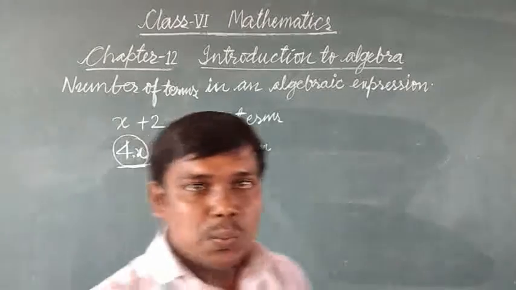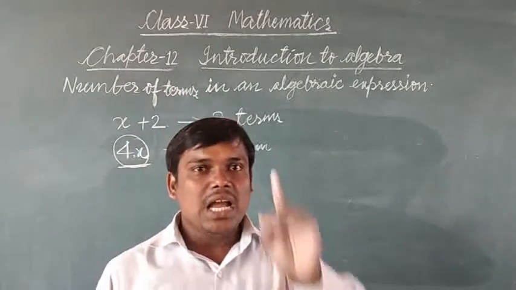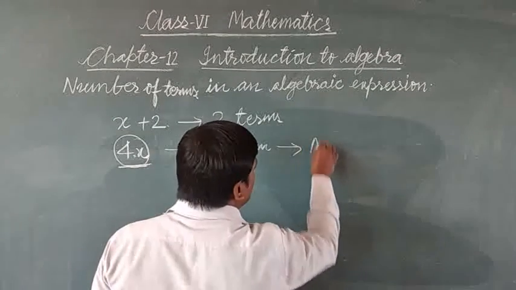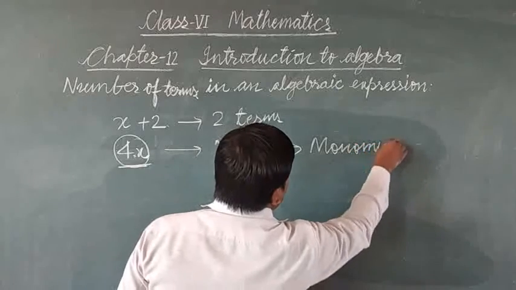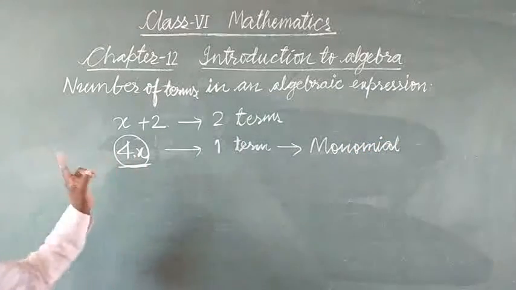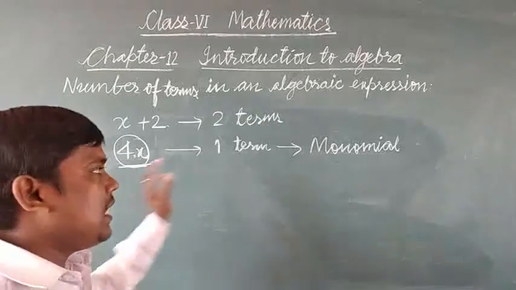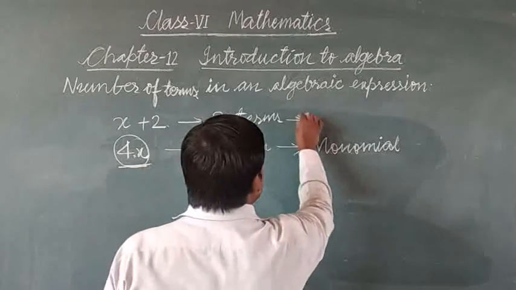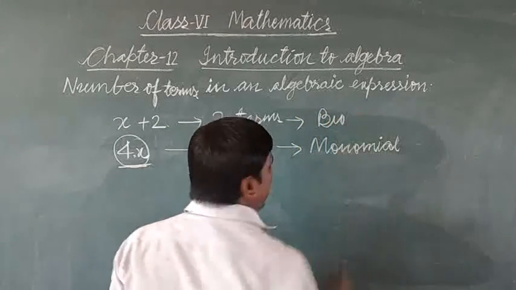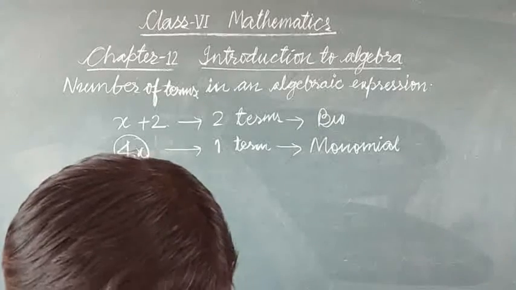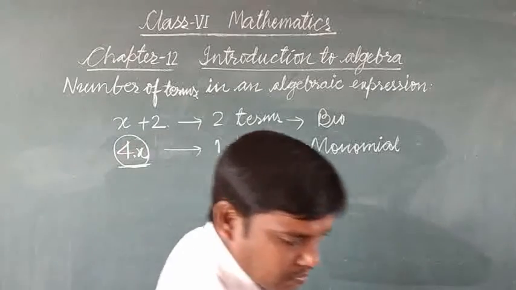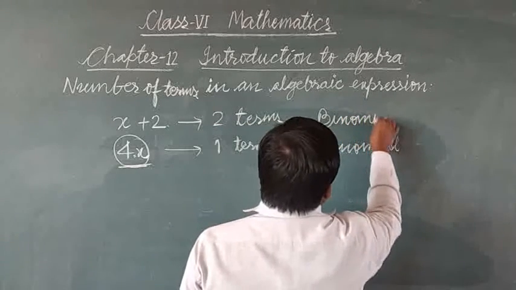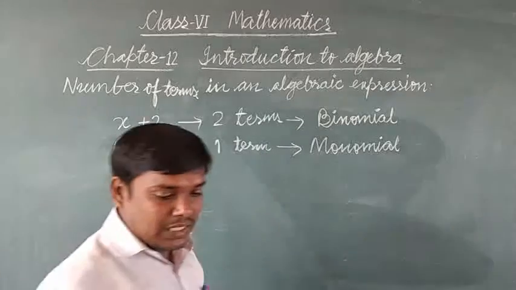You have to learn that when an algebraic expression has only one term, the expression is called a monomial. An algebraic expression having 2 terms is called a binomial.